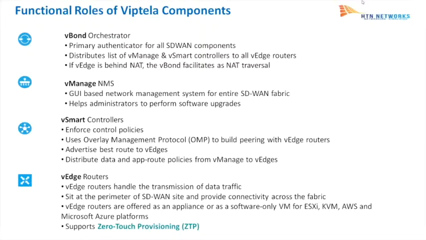So if you want to generate a vEdge within your environment, you can get an ESXi host, create a VM, and configure it as a vEdge. You can also configure it on KVM, AWS, or Microsoft Azure platforms. The best feature of the vEdge is zero-touch provisioning, and we will discuss in an upcoming slide what exactly zero-touch provisioning is.